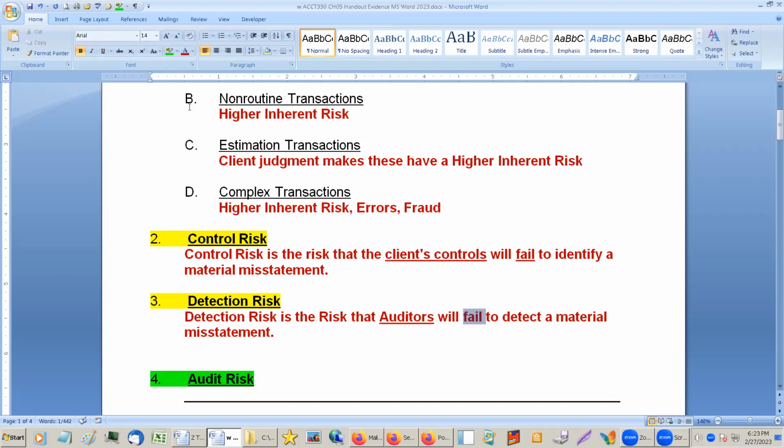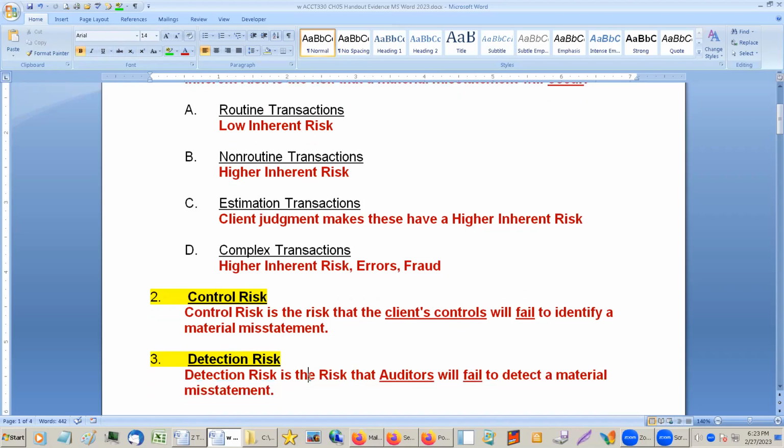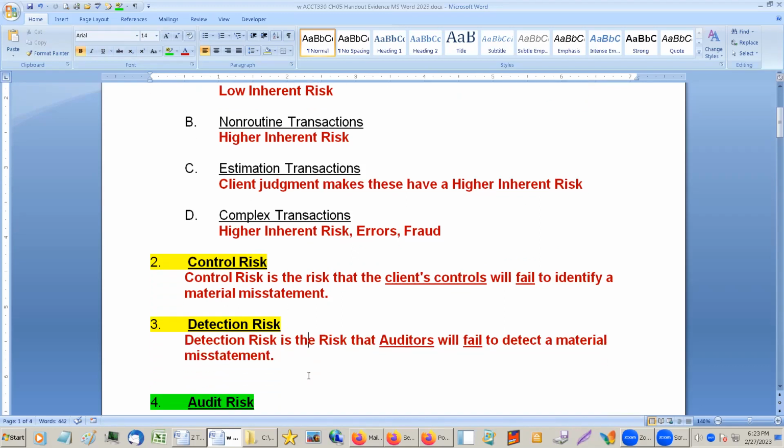So these kind of are linked together. Inherent risk: a material misstatement will occur. You hope the controls catch it. If the controls don't catch it, the last hope is that the auditors will catch it. Detection risk is a risk that we, the auditors, will fail to detect a material misstatement.